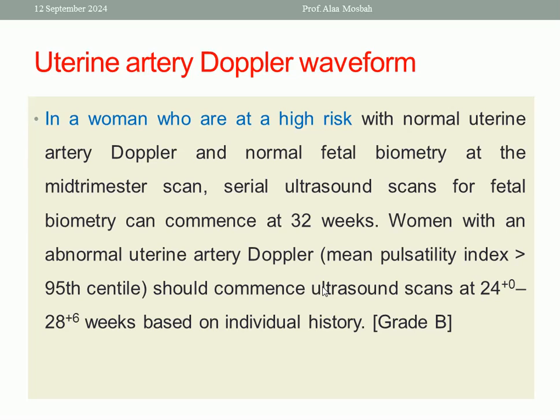Okay? Clear enough? So those at high risk but normal uterine artery Doppler and normal fetal biometry at mid-trimester scan, serial ultrasound scan for fetal biometry can commence at 32 weeks. But women with abnormal uterine artery Doppler should start the serial ultrasound scan early, at 24 up to 28 weeks.